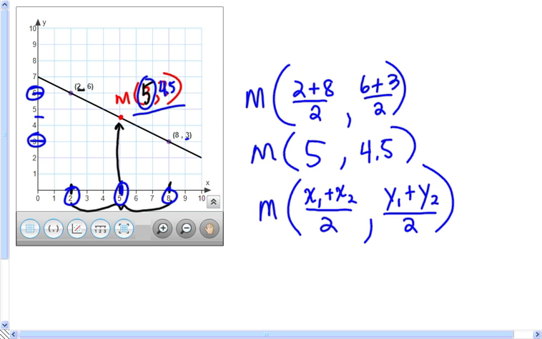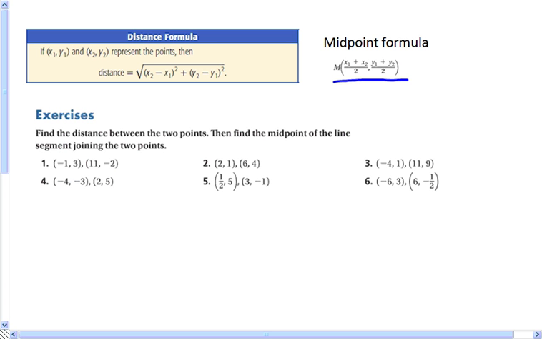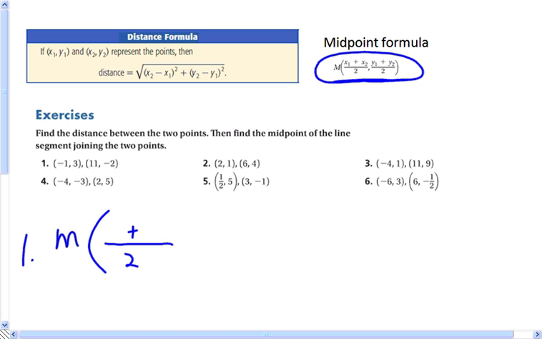So let's go back and try that. We have the formula written down here, so we don't need to write it down again. For number 1, we're going to do that together. I'm going to put my plus sign there, comma, plus there, and now for this part I need two x coordinates to add together. So for number 1, I'm going to add -1 and 11.